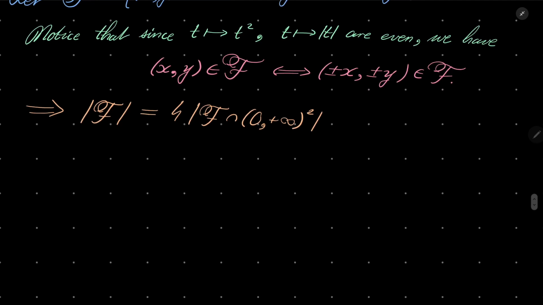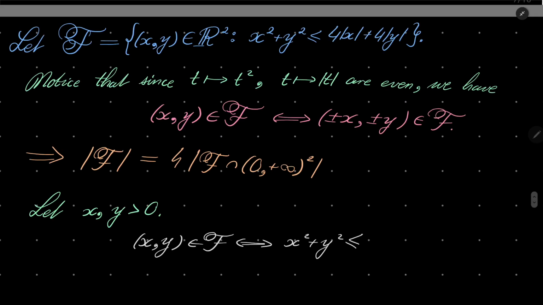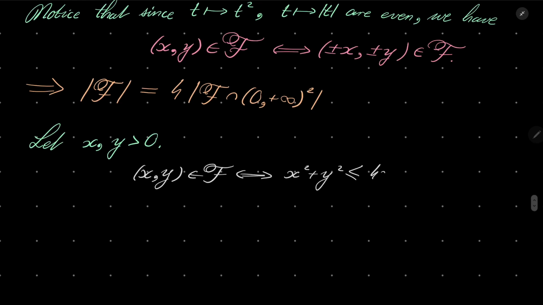So let's now concentrate on the first quadrant. Let x and y be greater than 0. Now, notice that we have the following equivalent conditions. (x, y) is in our figure if and only if x squared plus y squared is less than or equal to, and now, since x and y are greater than 0, on the right hand side we have 4x plus 4y.